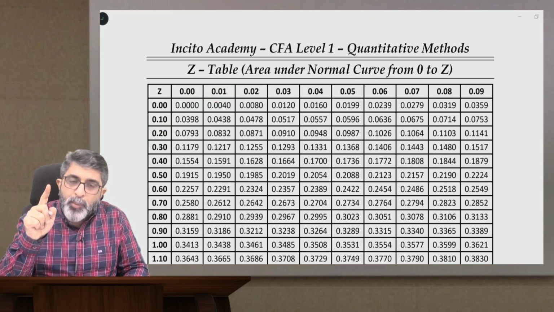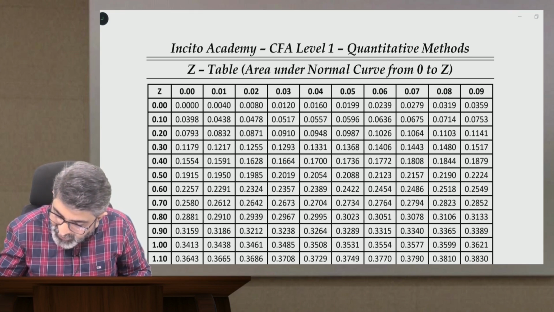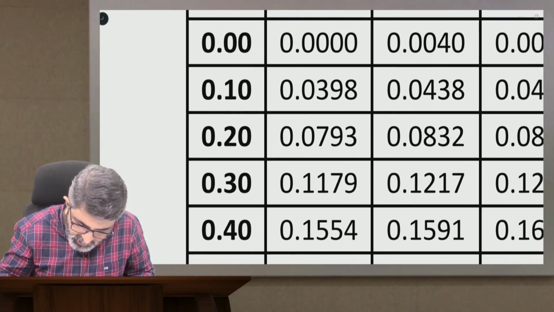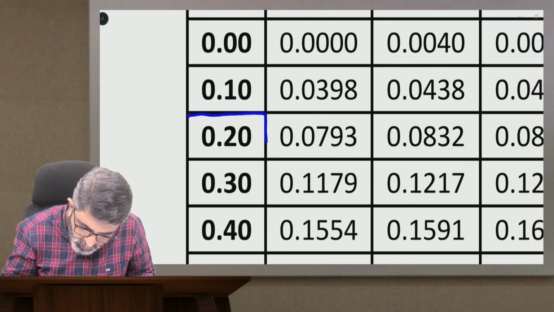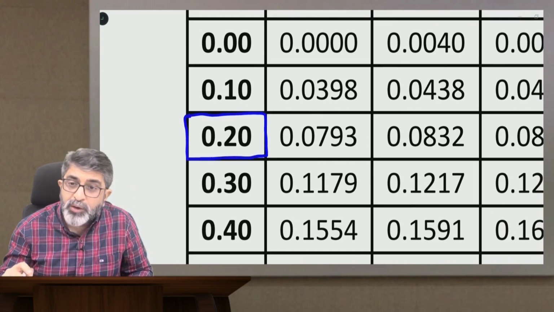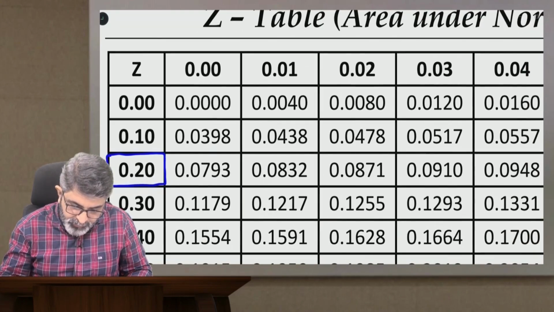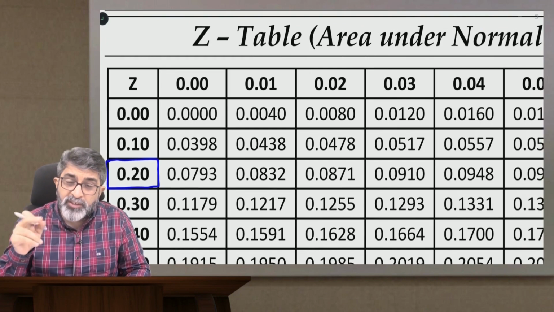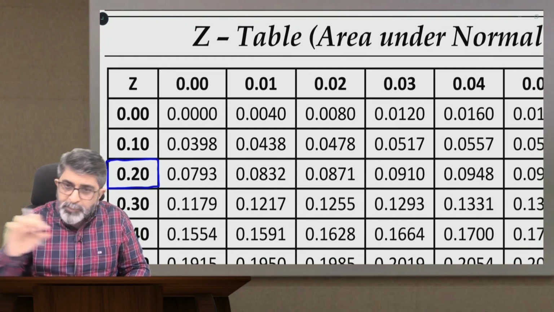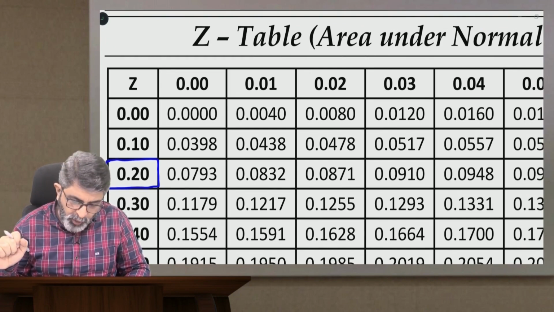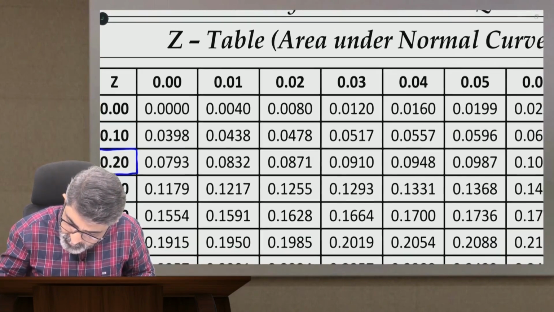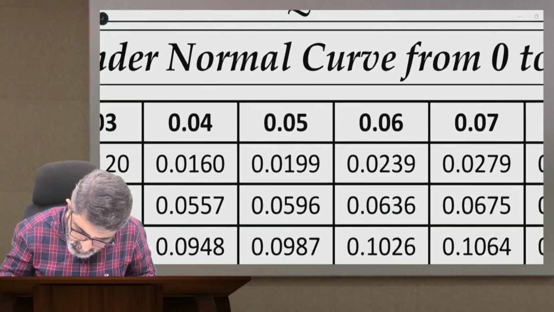So if I want 0.25, I have to select this particular row, I'm sorry, I should not say column over there, it is a row, that particular row specifying 0.20 as the heading, and the column will be 0.